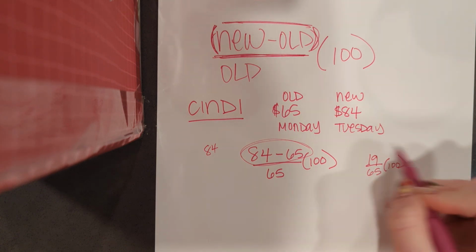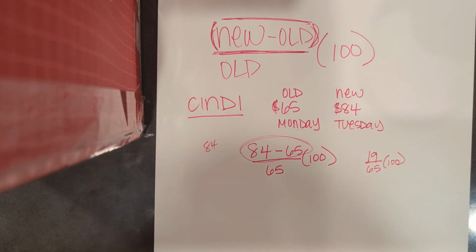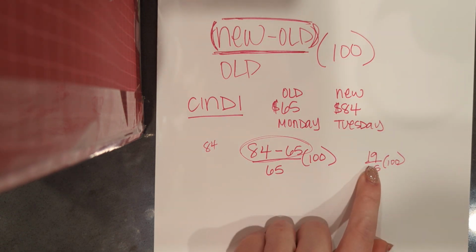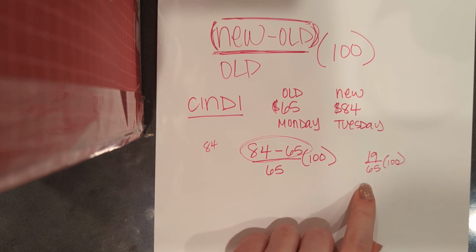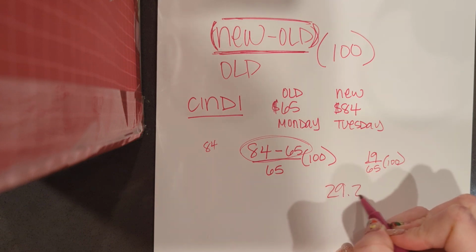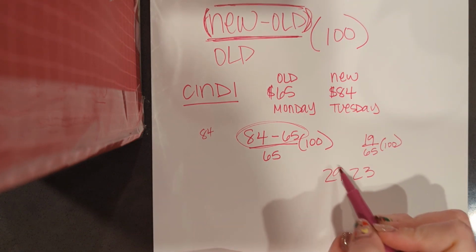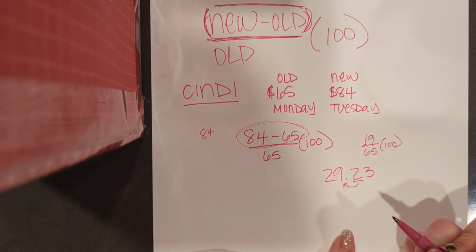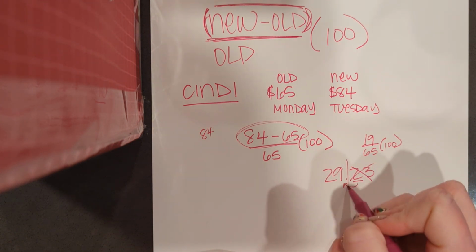Now this, you can all plug in your calculator at the same time. So let's do that. So 19 divided by 65 times by 100. And that gets me 29.23. Now we're rounding to the nearest whole number. So does the 2 push the 9? Nope. So your answer will be 29.